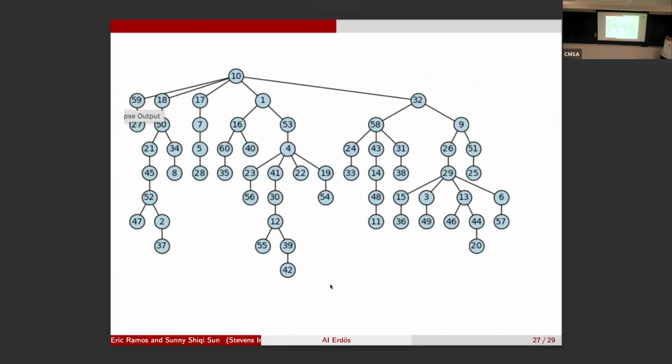In terms of this conjecture? Yeah, I think in general, no, or not in any obvious way. So this is just one counterexample that we found on 60 vertices.